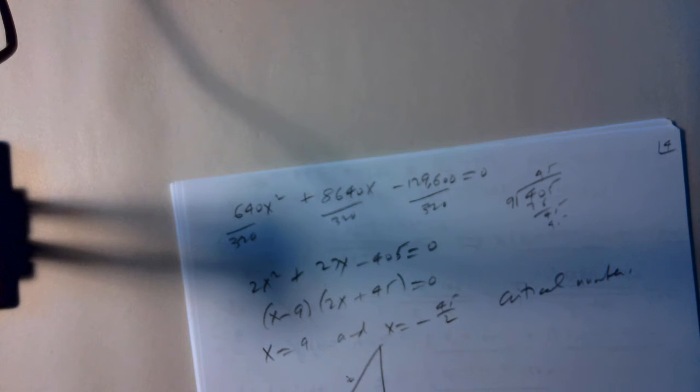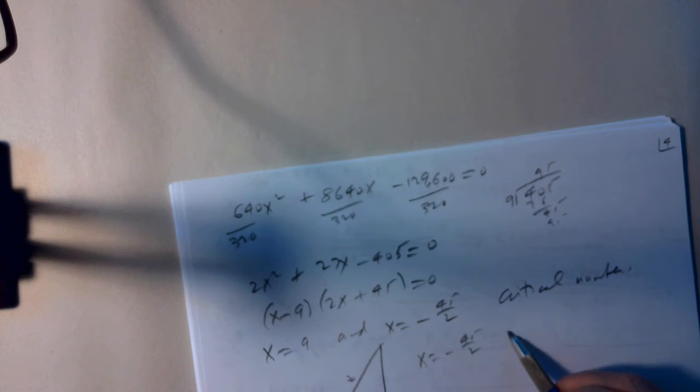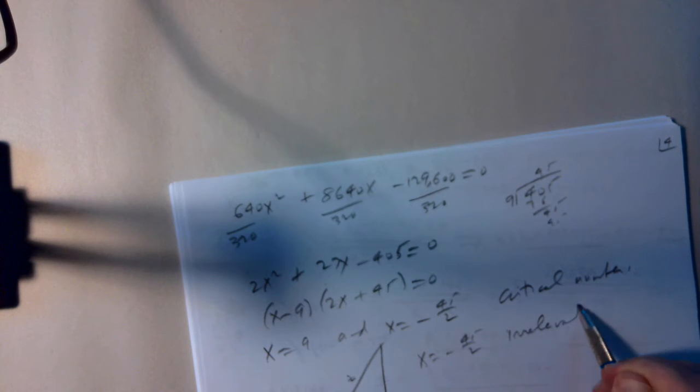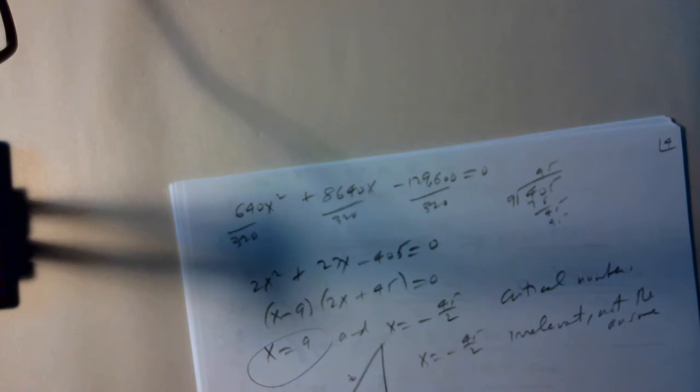So x has to be a number between 0 and 30. So x equals minus 45 over 2 is irrelevant to the problem, not the answer. So the only possibility is x equals 9.